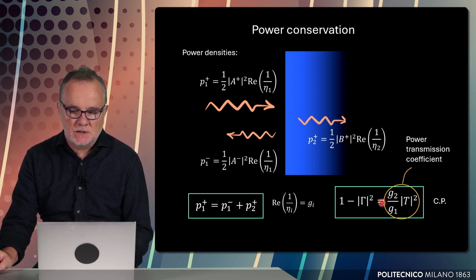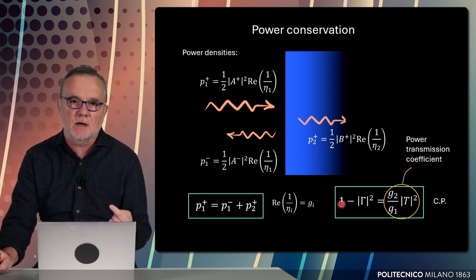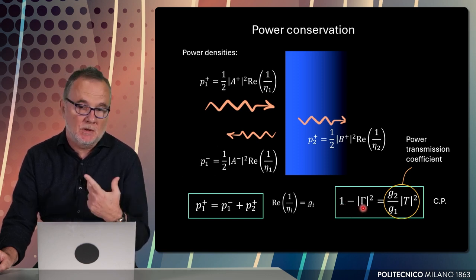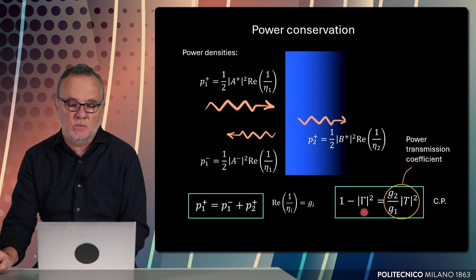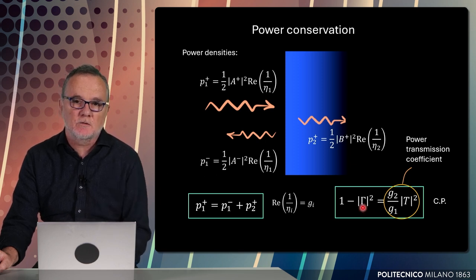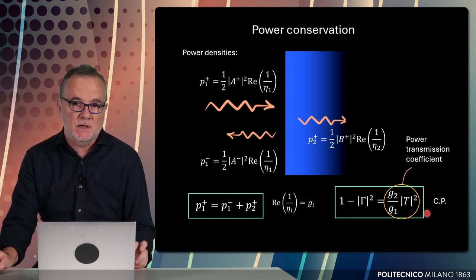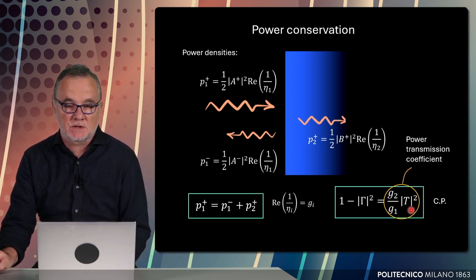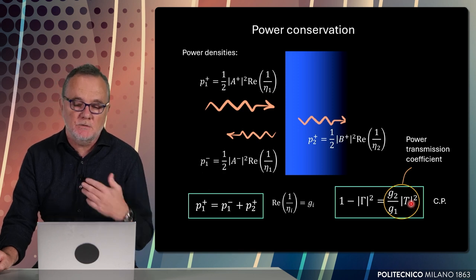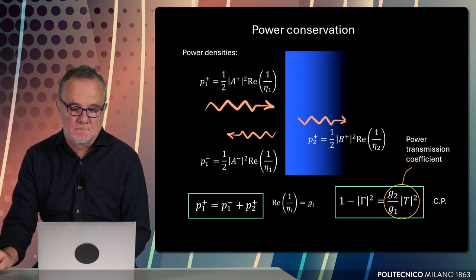So this can be seen as the equation of power conservation that states that for a given input power of value 1 incident from material 1, the power reflected, which is the power density associated to the reflected wave, is the square of the magnitude of the reflection coefficient. And the power transmitted to material 2 is the square of the amplitude of the transmission coefficient multiplied by the coefficient G2 over G1.